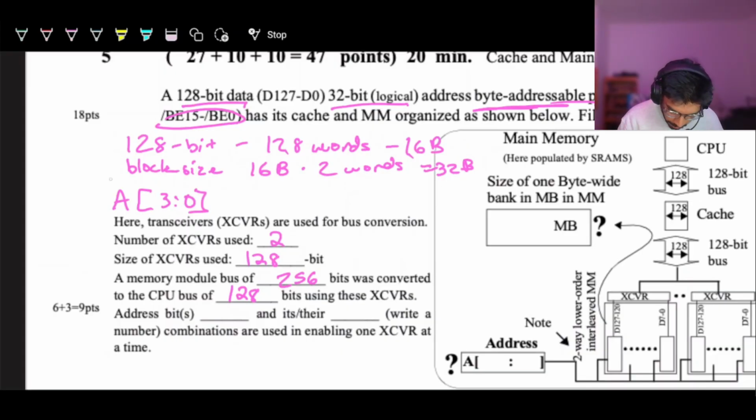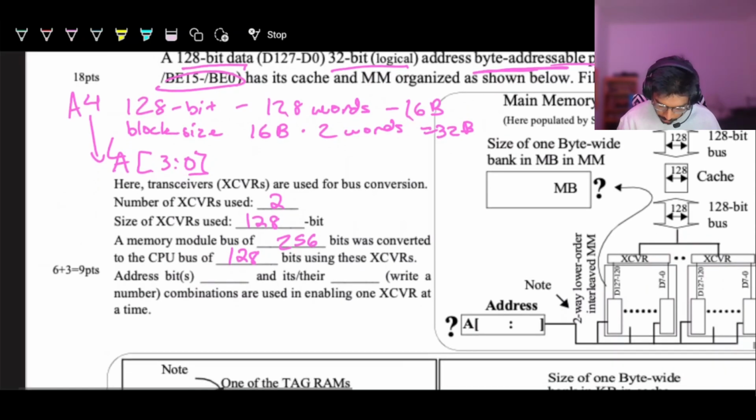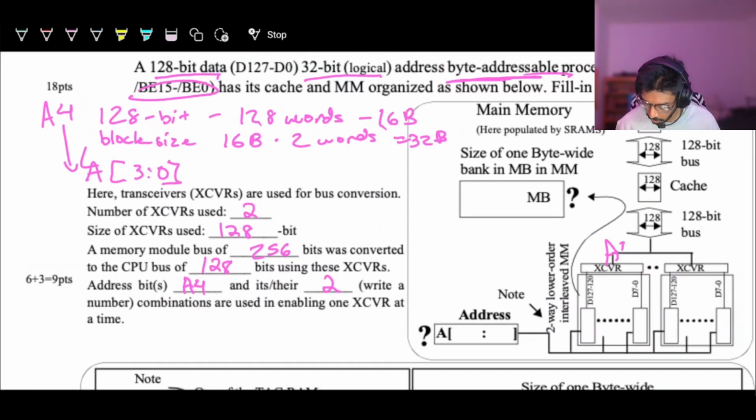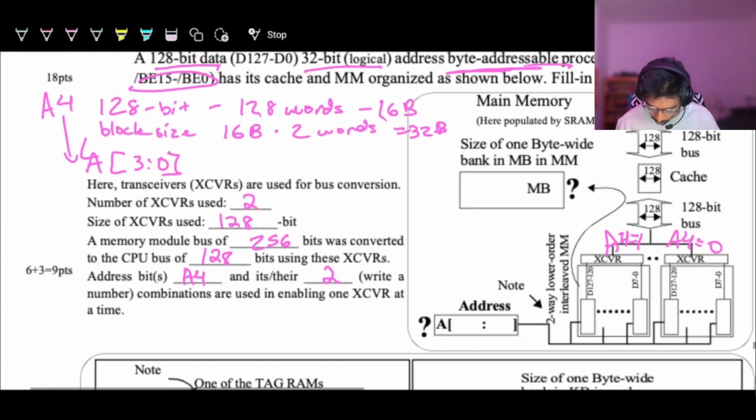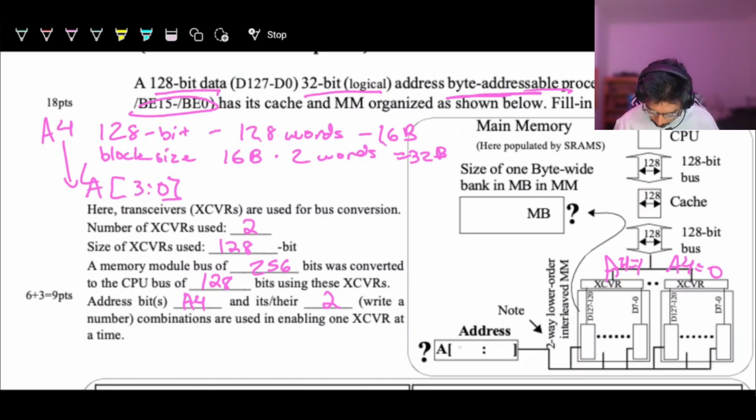But we also have two words at any time for our interleaving, so we also need to select between this transceiver or this transceiver, meaning we have A4 responsible for word select, and then we have our byte offset for our bank enables from A3 through 0. So the address bit A4 and its two combinations, either A4 equals 1 or A4 equals 0, go here. So now our address bits that we input are from A31 through 5.